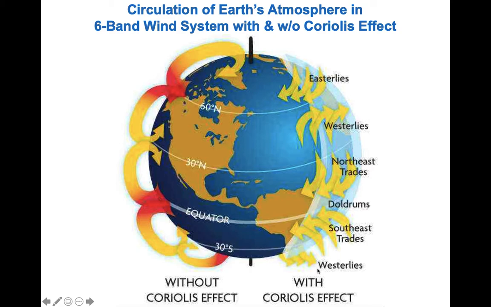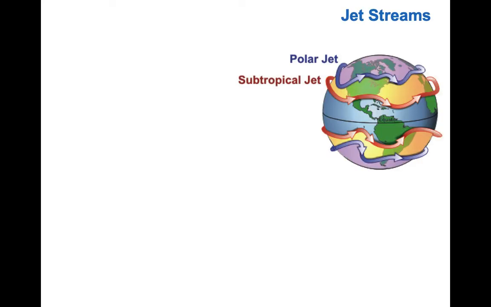But because of the Coriolis effect and deflection of air masses because of the Coriolis effect, we have easterlies, westerlies, and the polar easterlies operating on the face of the Earth.